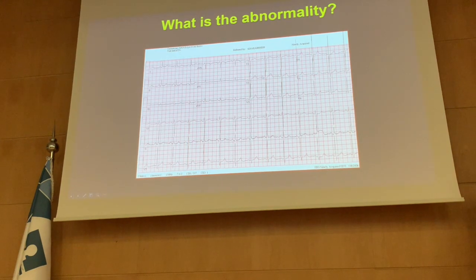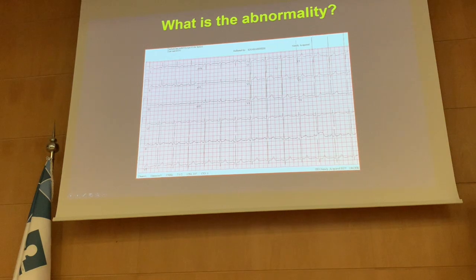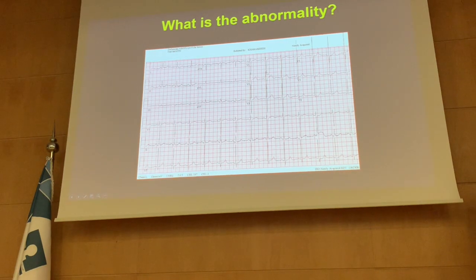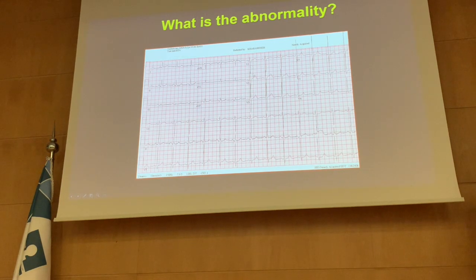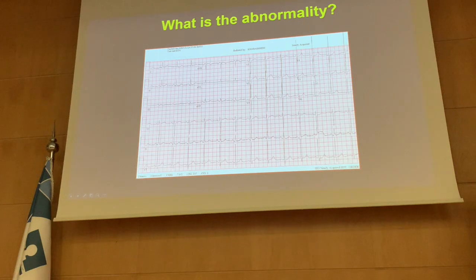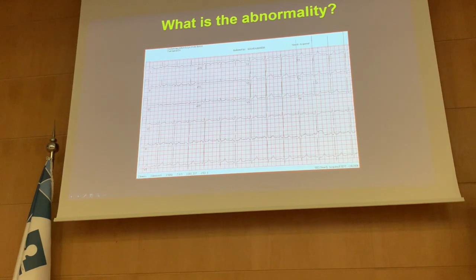There is an abnormality. Why? Because the S wave here is so deep, and the R wave is so big. If you calculate this wave, 1, 2, 3, it will be 15 small squares, and here 1, 2, 3, 4, it will be more than 35, which is the Sokolow criteria.